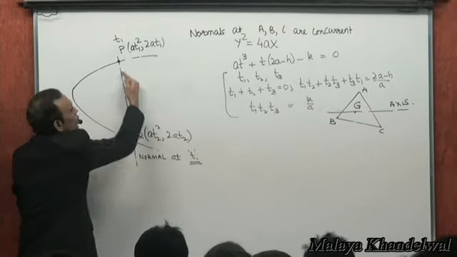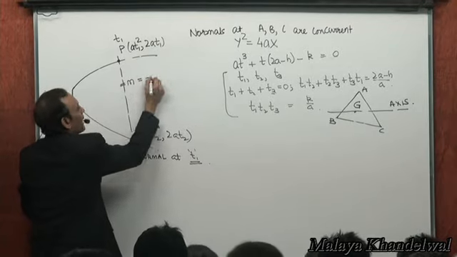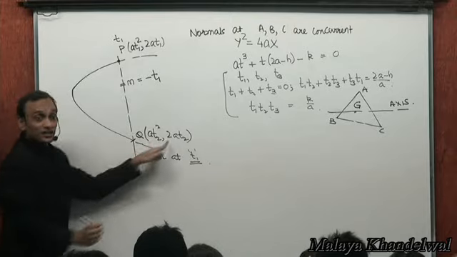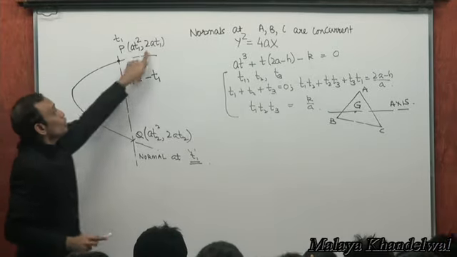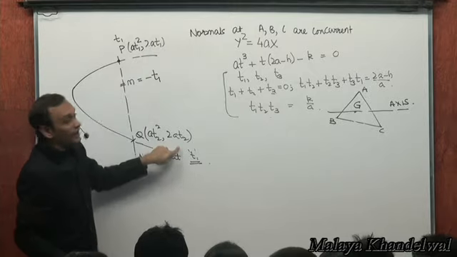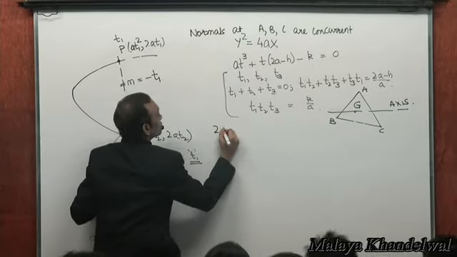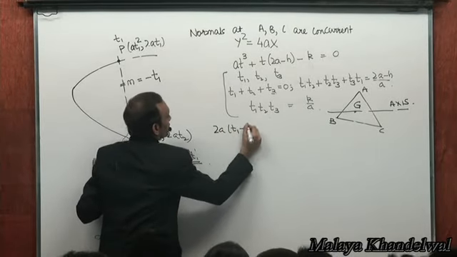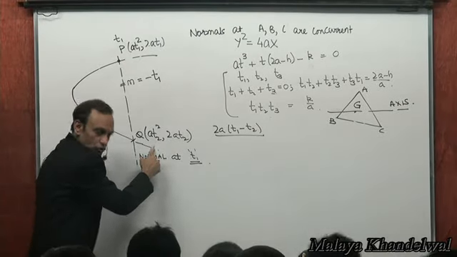Now if it's a normal drawn at t1, what would be the slope of this normal? Minus t1, not minus t2, minus t1. It's a normal at t1. The slope could also have been written in terms of t1 and t2, as 2a times t1 minus t2 divided by a times t1 squared minus t2 squared.